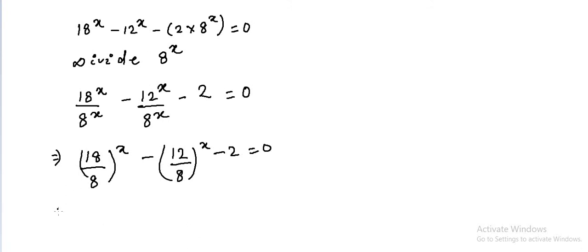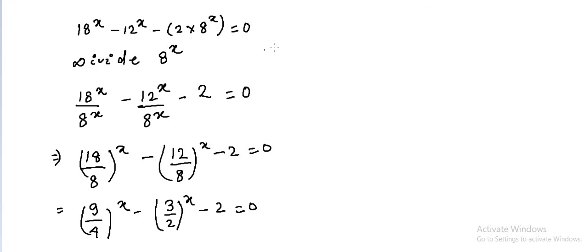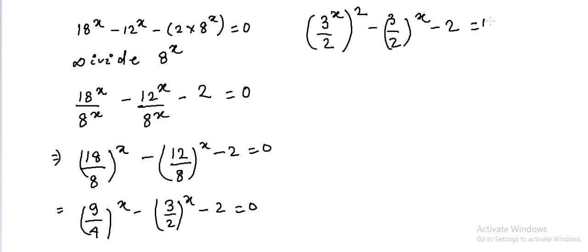If you simplify this, it is 9 by 4 to the power x minus 3 by 2 to the power x minus 2 is equal to 0. If you observe clearly, you can rewrite 9 by 4 in terms of the exponent of 3 by 2, such as 3 by 2 to the power x whole square minus 3 by 2 to the power x minus 2 is equal to 0.